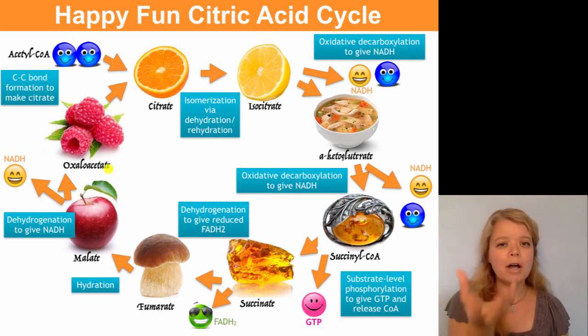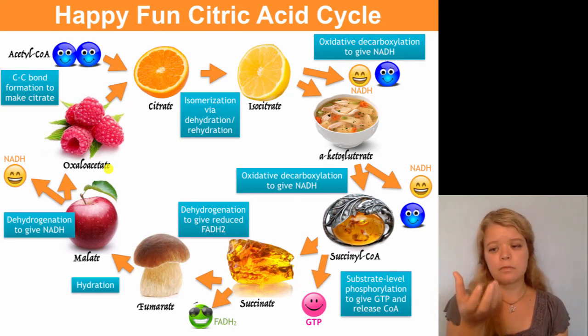The amount of oxaloacetate in the mitochondria is actually one of the limiting factors for how fast the citric acid cycle can perform all of the reactions described here.